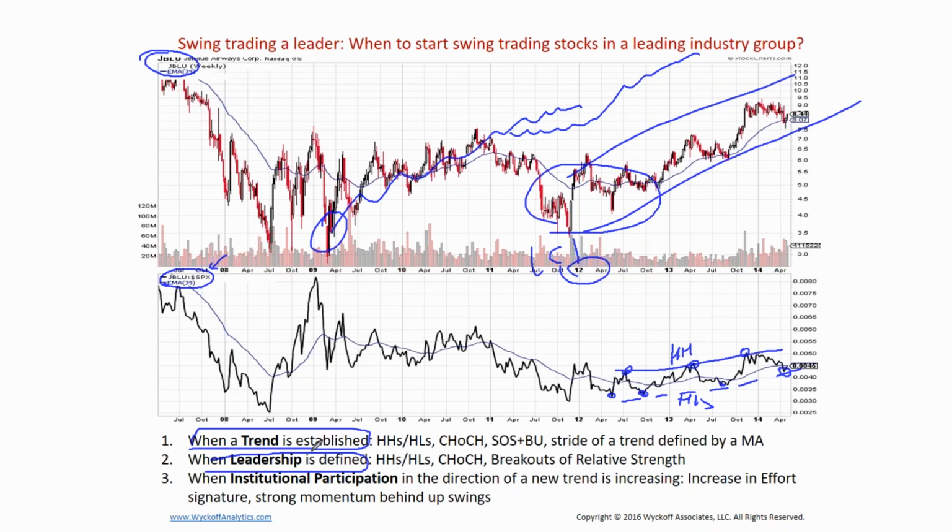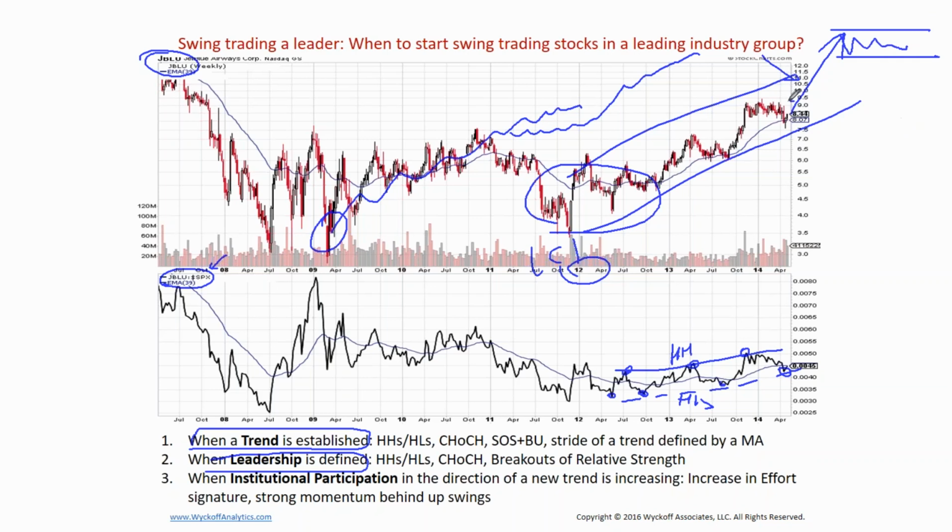And what we are doing is we are anticipating that the leadership trend in the industry group that JetBlue belongs to, and the trend of the stock itself, is going to resume. And as it resumes, we're going to experience some kind of momentum move to the next possible consolidation within the structure of the longer term trend.